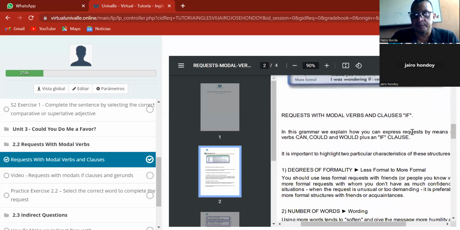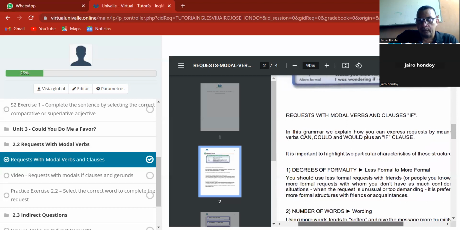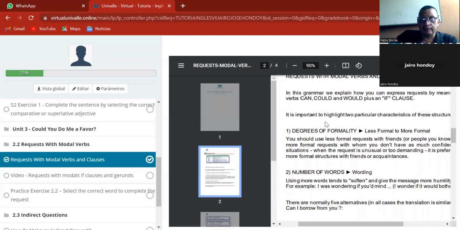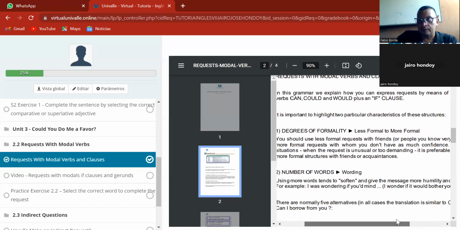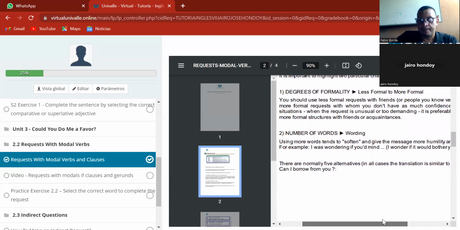Explanation. We have here requests with modal verbs and if clauses. In this grammar, we explain how you can express requests by means of the modal verbs can, could, and would, plus an if clause. It is important to highlight two particular characteristics of this structure. Degrees of formality, less formal to more formal.